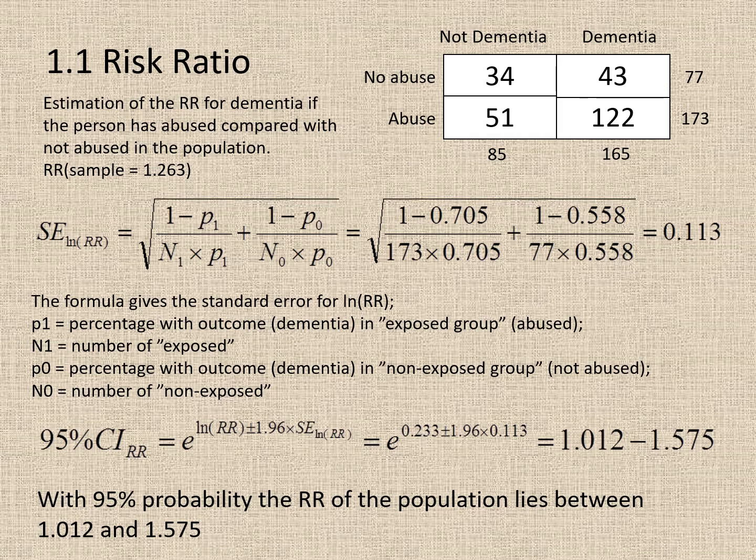But if I follow the SPSS output, they present confidence intervals instead, so we could calculate the confidence interval by taking the natural logarithm of our risk ratio calculated in the sample plus minus 1.96 standard errors. In this case, those values.